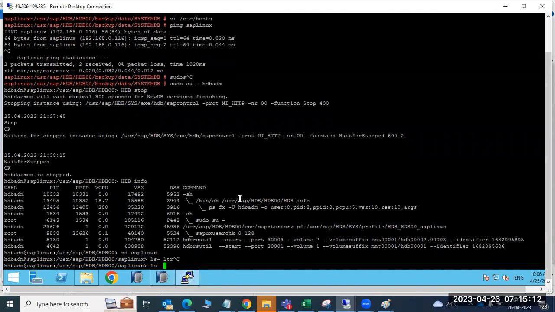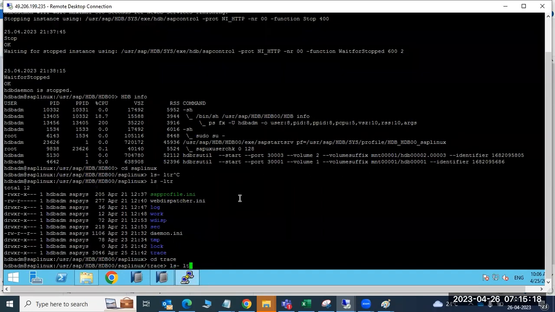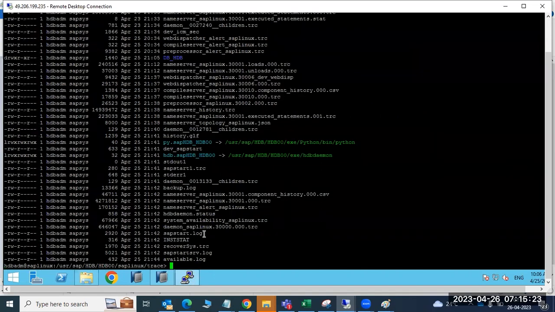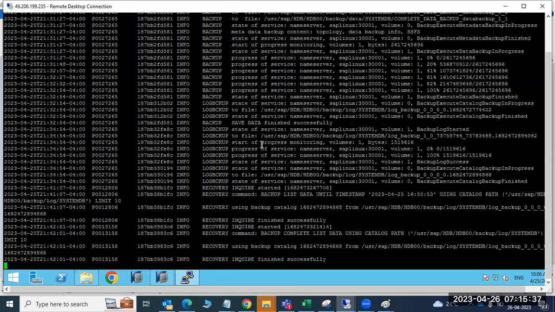From there we can find out all the information, and whether the recovery is happening or not. You can open the backup.log file and use it.